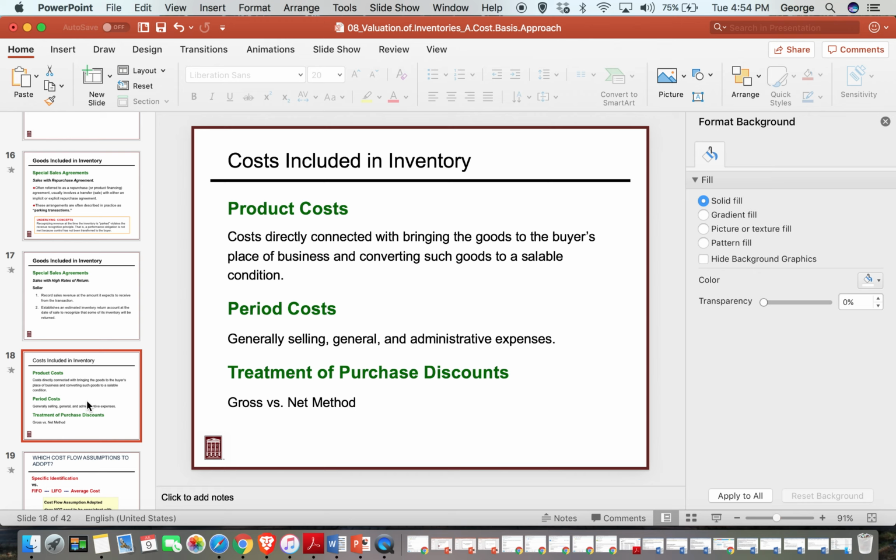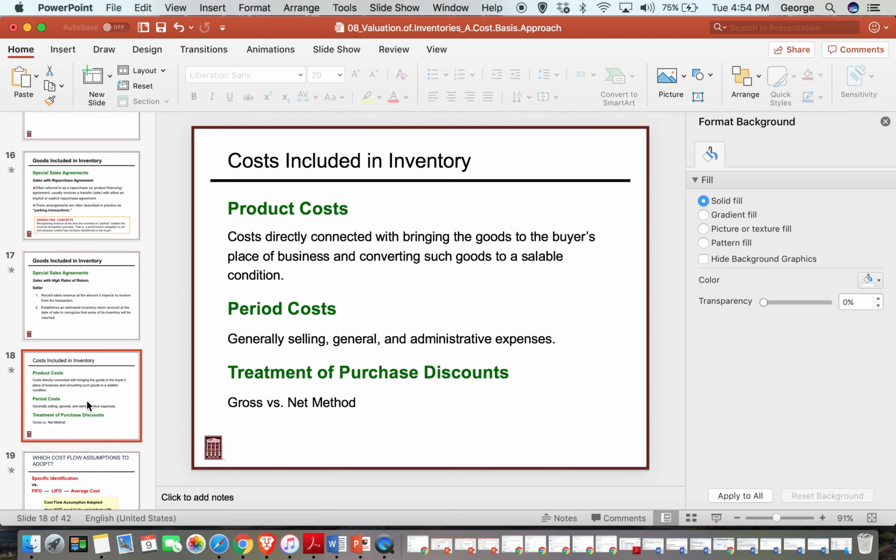Treatment of purchase discounts: we can use either the gross method or the net method, both GAAP-based. The net method is basically you're saying, I'm taking all discounts, so record your inventory at the discounted amount. With the gross method, you have a 2% discount that you might get.